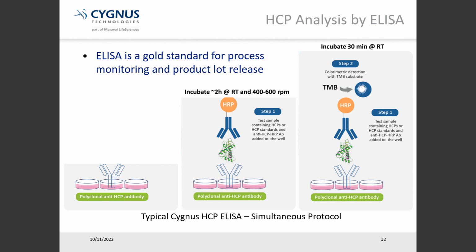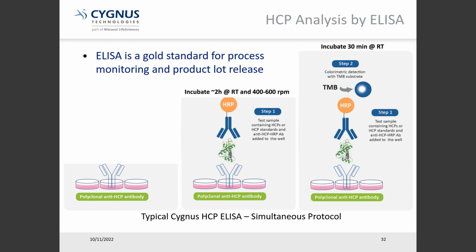So at Cygnus, we've taken it upon ourselves to make this very complex thing as simple as we possibly can. Because we know that companies around the world are using these kits, and there are analysts with different levels of expertise. And we want to make sure that everybody's as successful as they can be on the first try. So as such, most of our kits come as simultaneous incubations.